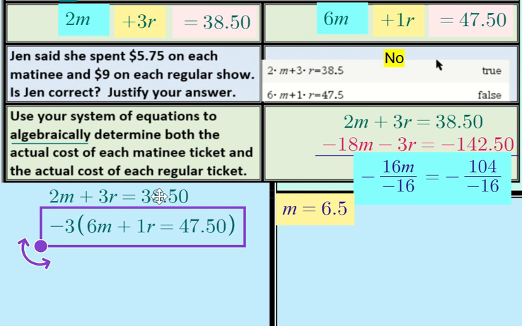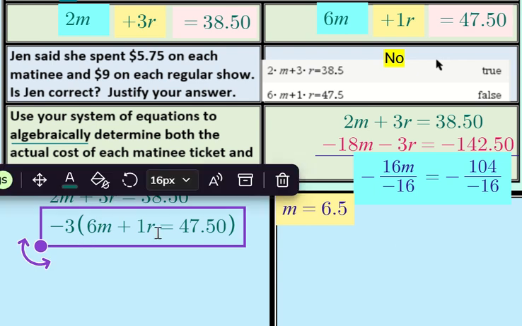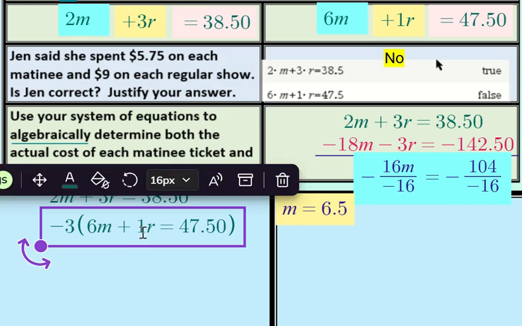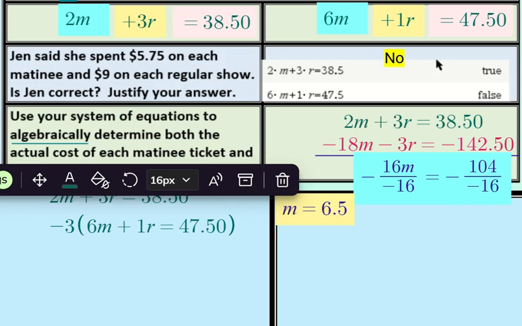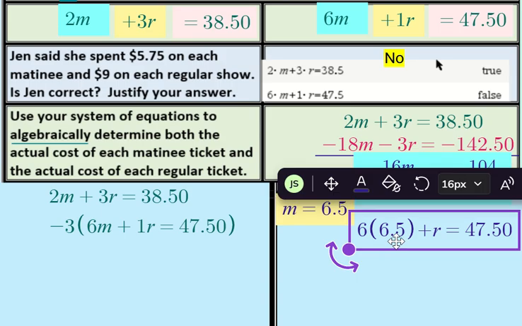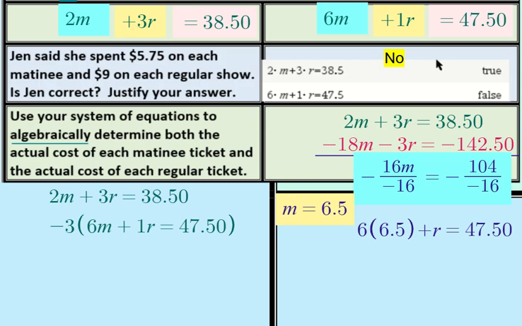So now I can use either equation to determine r. But notice this equation, the second one, has r all by itself. So that's the one I'm going to choose. So I plug in my 6.5 for m, and I multiply by 6. And I get $39.